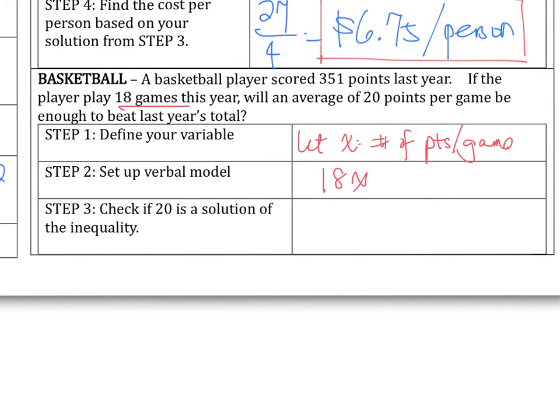So we want to know if he's able to beat 351. So you have to use the greater than sign. And then you solve for the inequality.